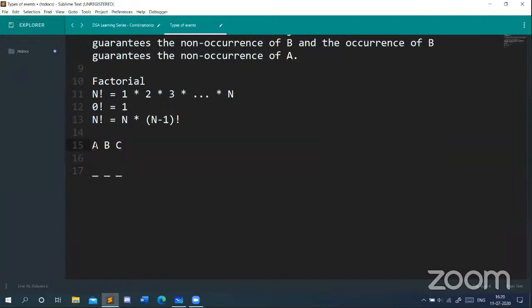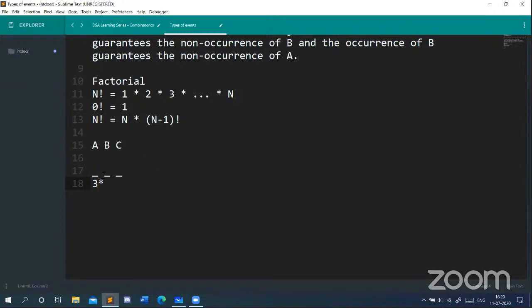What I was saying was, A, B, and C, and we have to arrange these in a line. Then for the first blank, I have three choices. I can choose any one of these, and that gives me three choices.